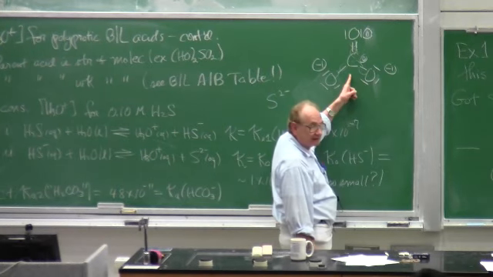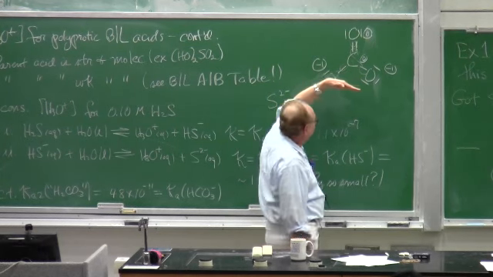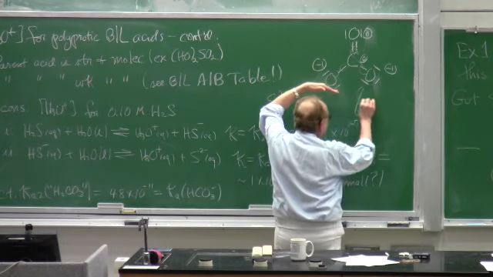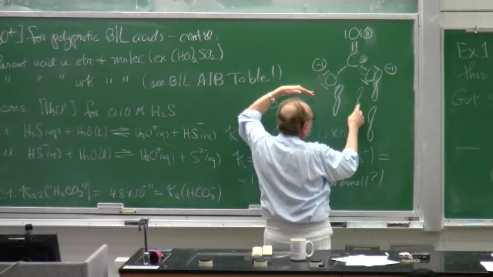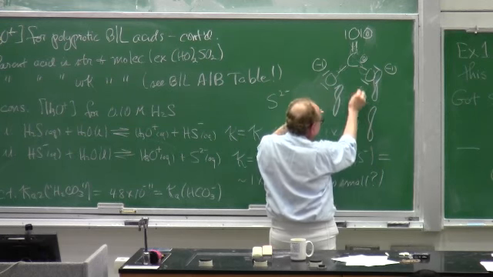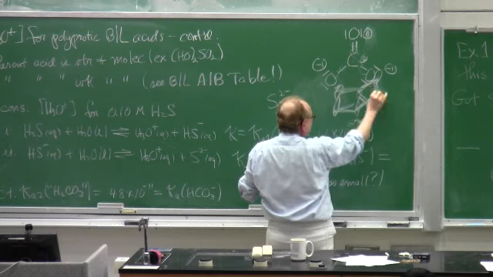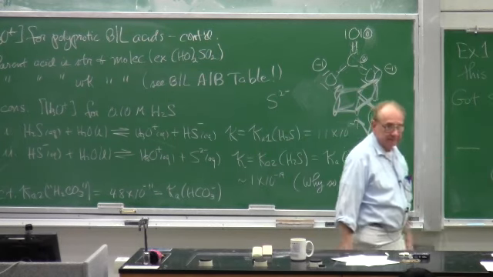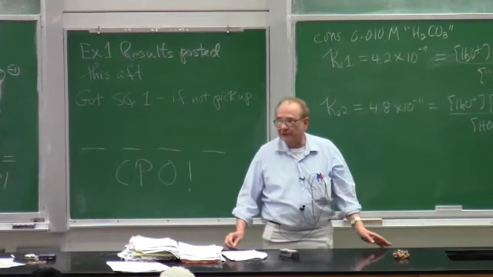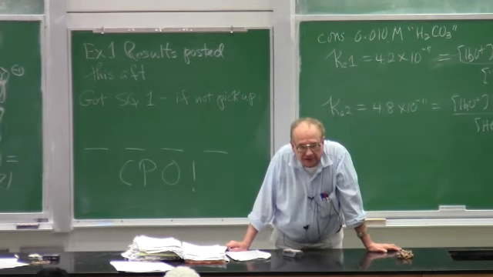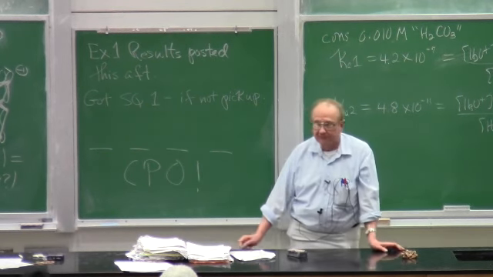But if I take this and imagine that the wind blows it till it's like this, then I can draw these p orbitals. Carbon, oxygen, oxygen, oxygen. And that is a pictorial illustration of the resonance property which carbonate ion possesses as a consequence of pi bonding at each carbon-oxygen bond site.